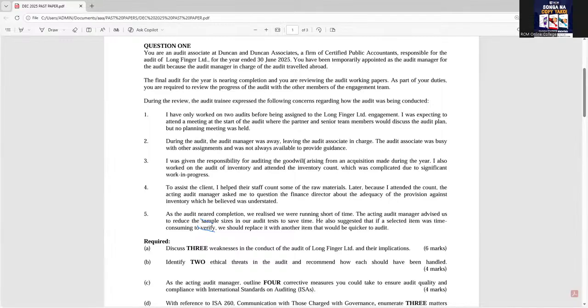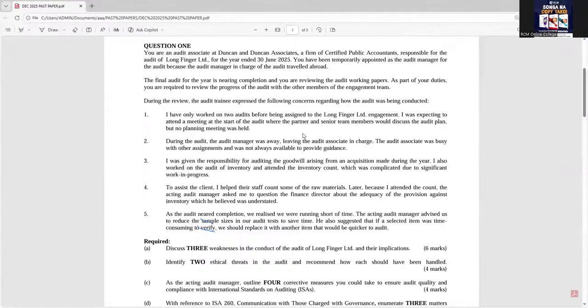Assigning a trainee who is newly recruited and doesn't have relevant experience to conduct audits which are very complex regarding group structures, where you have to identify how the goodwill was valued. So weakness number three you can identify is assigning a trainee to audit complex areas such as goodwill and inventory of significant work in progress.